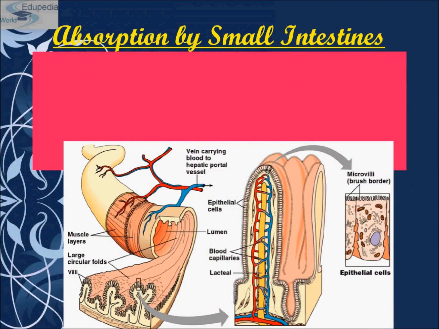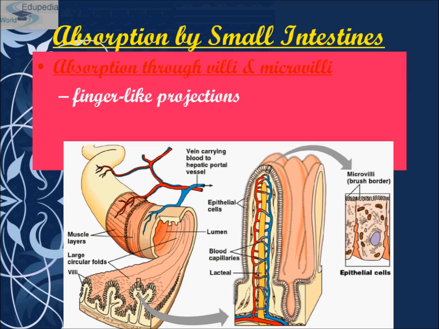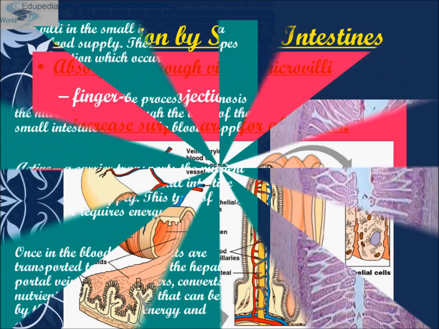Absorption by the small intestine is through the villi and the microvilli, which are finger-like projections that increase the surface area for absorption.